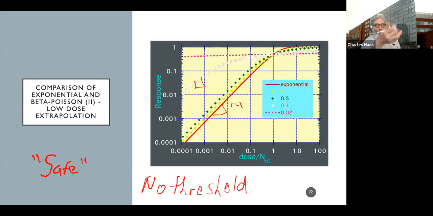And you've got to say, if you rely on that definition, there is no such thing as a safe dose. So we have to start examining what risks are acceptable.